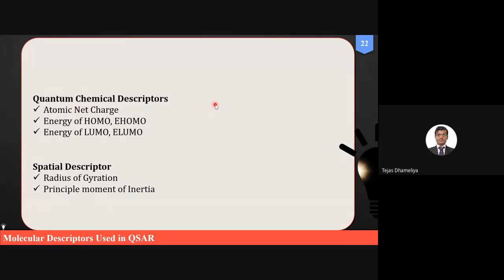quantum chemical descriptors. Quantum chemistry is one of the branches of chemistry. I will ask you to go back, I think, or perhaps Dr. Bodiwala might have taught you this, the nature of light, which is devised by some different scientists.